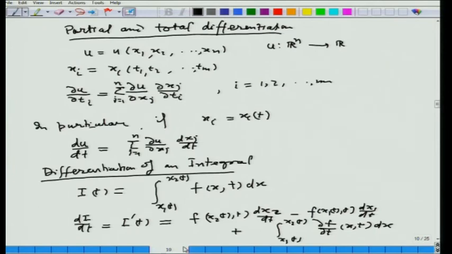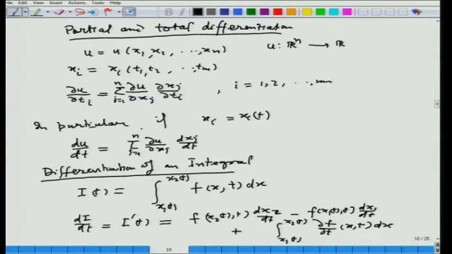Then we consider partial and total differentiation of a function of several variables, where in the first case the function u is a function of n variables x 1, x 2, x n. So, it is a function from R n to R such that the first order partial derivatives exist with respect to its variables, and then the x i's are in turn functions of several variables t 1, t 2, t m.